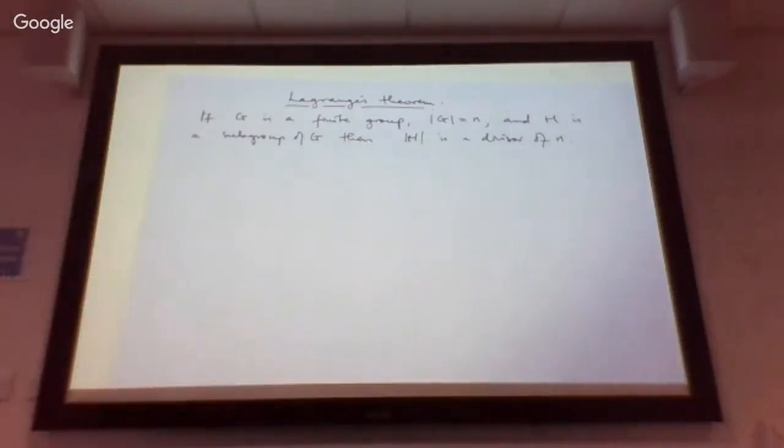So just because we know our group is size 12, doesn't mean there has to be a subgroup of size 6, or a subgroup of size 4, etc. It just means that whatever subgroups there are, they can only have certain orders where they are a divisor of the order of the containing group. Obviously this only applies to finite groups, although some of the machinery used in the proof, cosets and so on, is equally applicable to infinite groups as well.